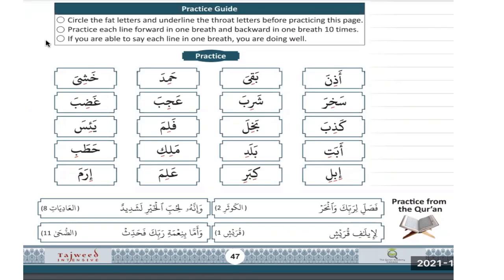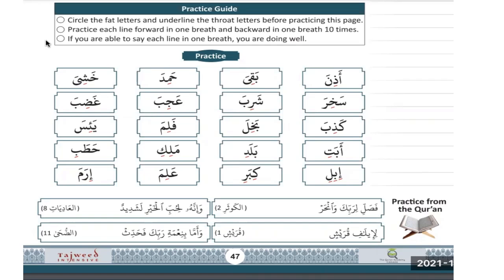The next one is kha, fatha, kha, sheen kasara shi, ya fatha ya. Khashiya. Don't say kho. No, just one count. Make sure. Khashiya. Okay, tell me, is there any letter which is the fat or heavy letter? Kha is the heavy, sheen is the light, and Ya is the light letter again.